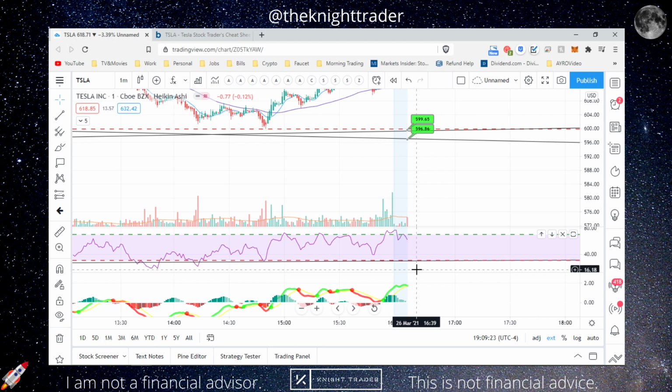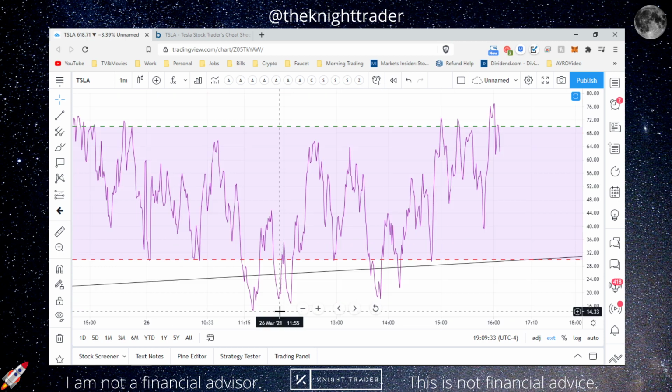Let's say there. So anywhere between 15 and 30. 35, really, I want to say. 39, we took a turn. I'm going to say anywhere between 32 and 15 on the RSI, we are going to turn around.